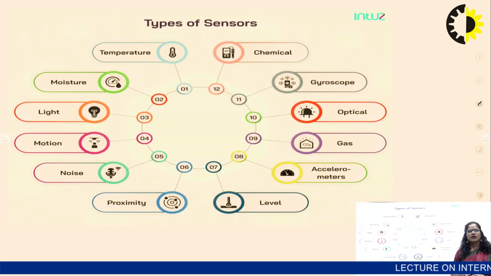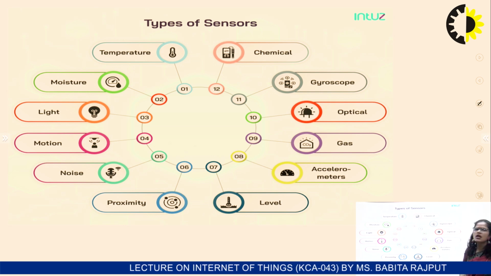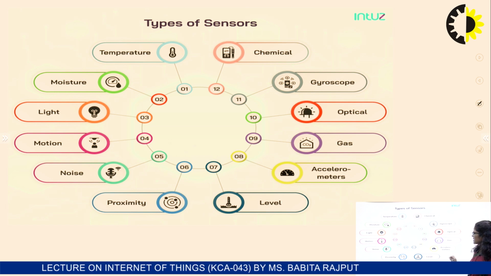And next here we have a particular diagram in which we talk about different kinds of sensors, like temperature sensors, moisture sensors, light sensors, motion sensors, noise sensors, proximity sensors, level sensors, accelerometer sensors, gas sensors, optical sensors, and gyroscope sensors.